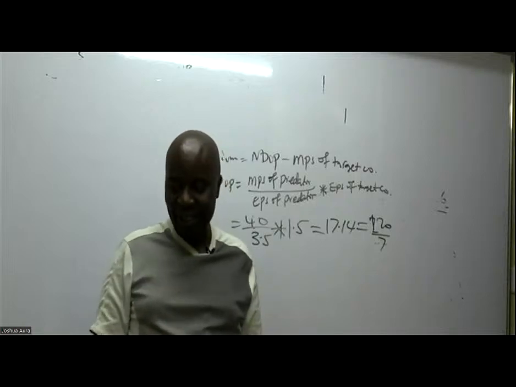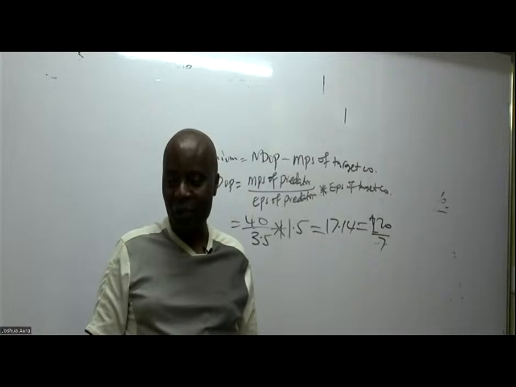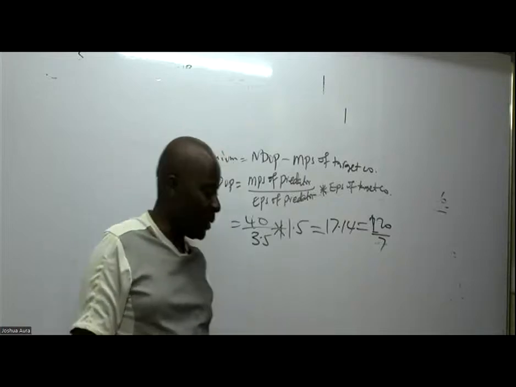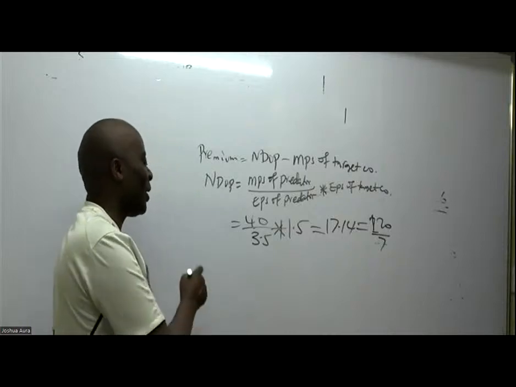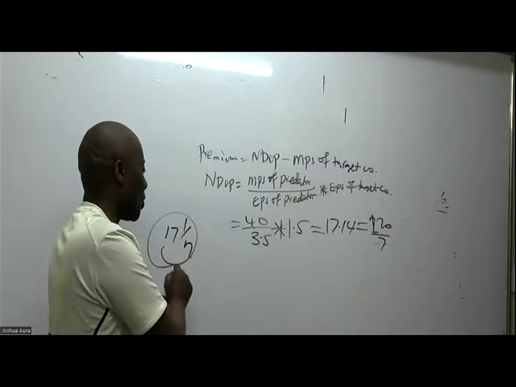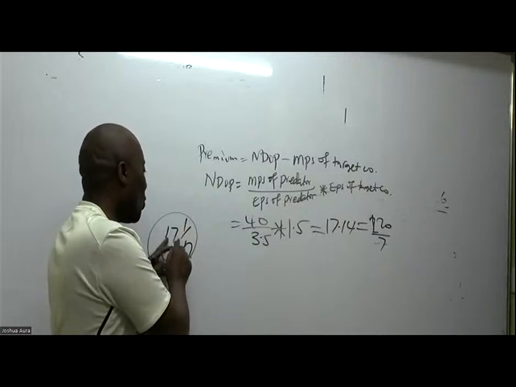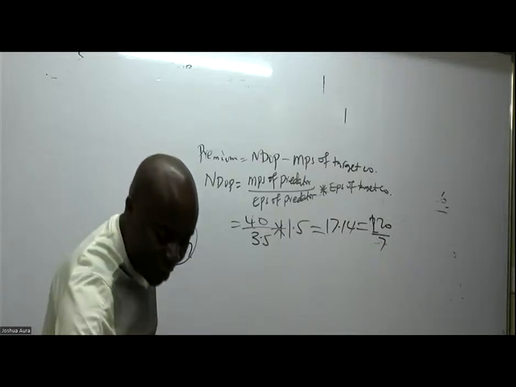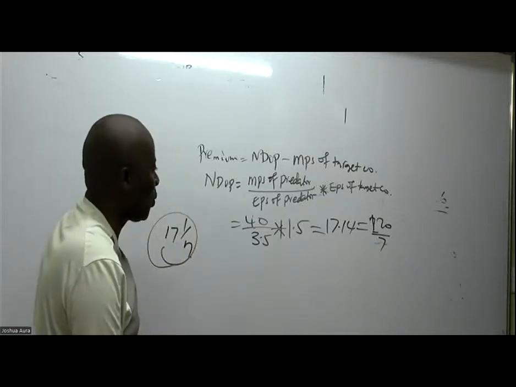Shift ABC. 120 over 7. We want it to be improper, equal moja, since we have many fractions.